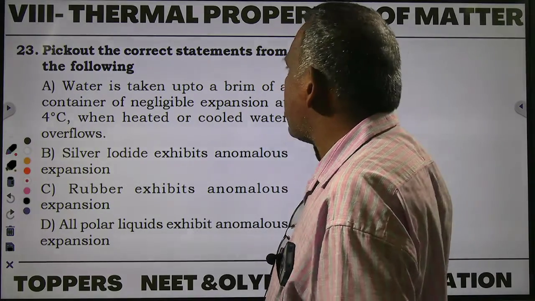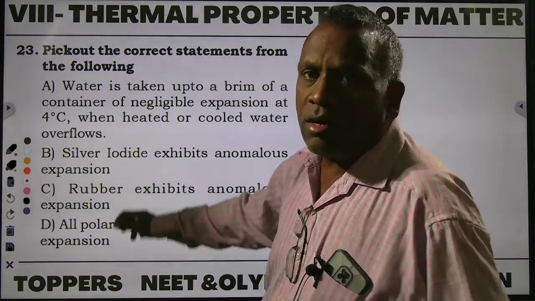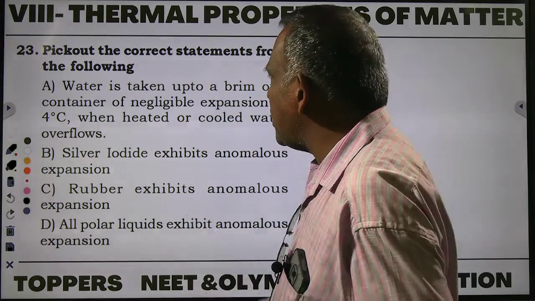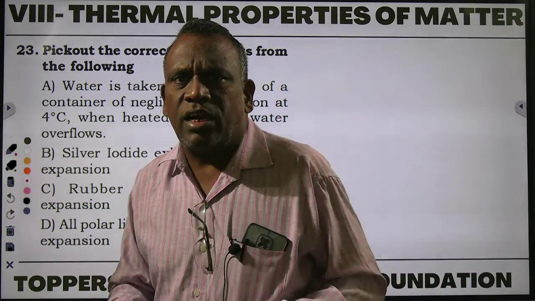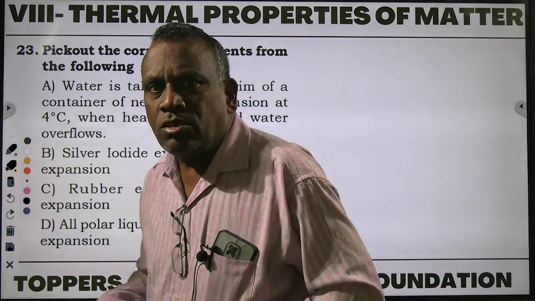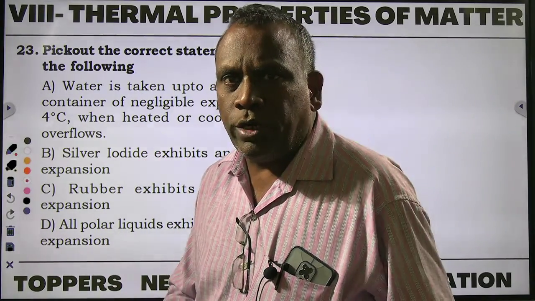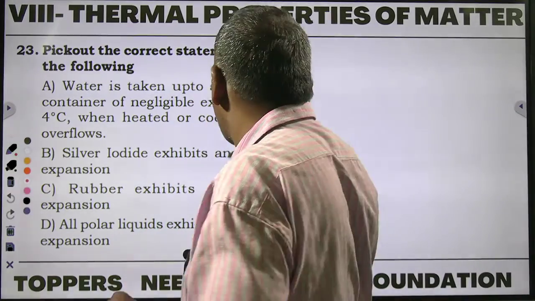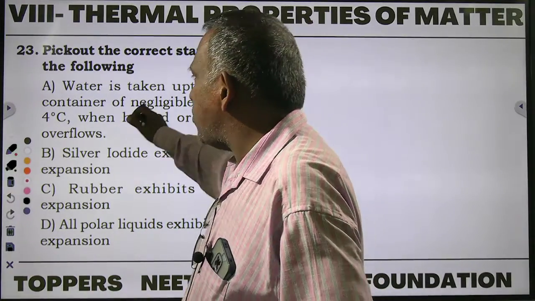When it is heated or cooled, the water overflows. Means water is taken up to the top of the container. When it is heated or cooled, expansion will take place, due to that water will come out. That is the first option.